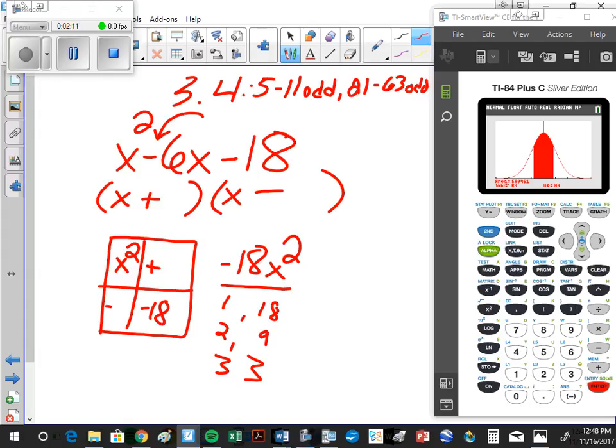We're going to have a negative number and a positive number, and when we multiply them together, they equal negative 18. We take that same negative number and that same positive number, and when they add together, which one wins? When you have a positive and a negative fighting it out using addition, which one wins? It depends on which one's bigger.